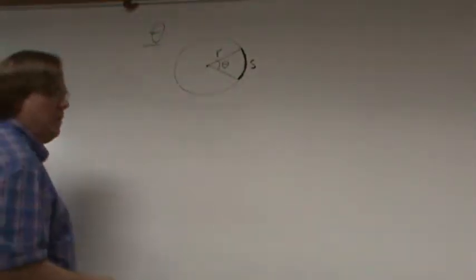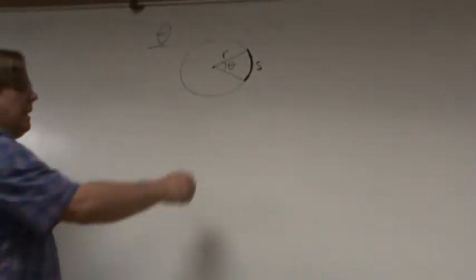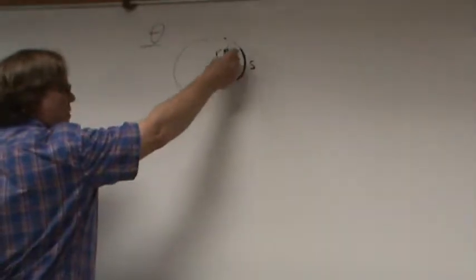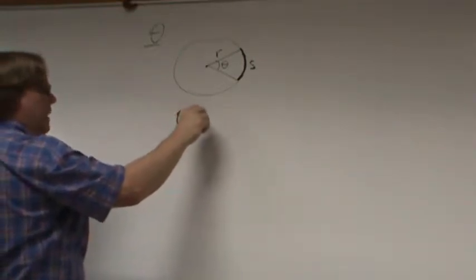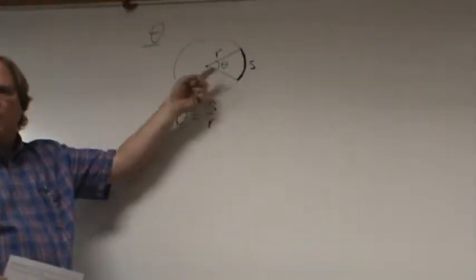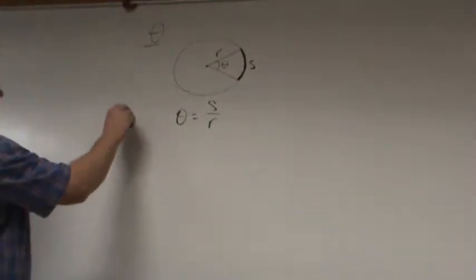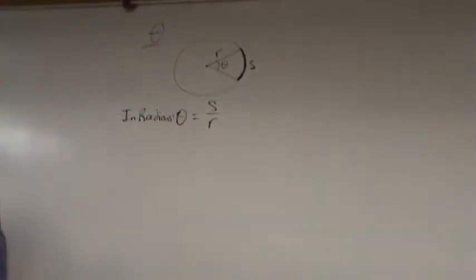Then, as you supposedly learned in trigonometry, we can define this angle theta in terms of the subtended arc length and the radius. This angle theta is just the ratio of s over r. But this definition of the angle theta is only good in radians. This is not the definition of this angle in degrees or any other measure. Only in radians is theta equal to s over r.